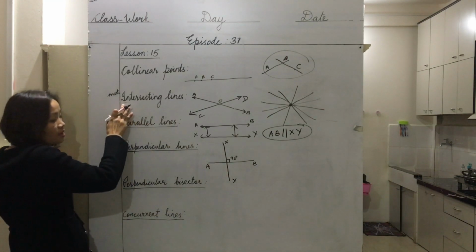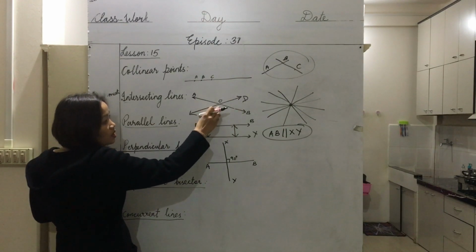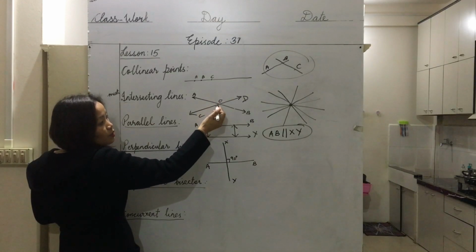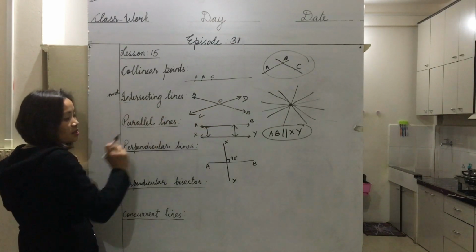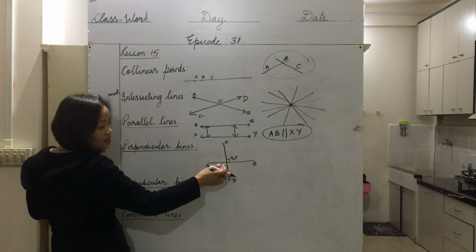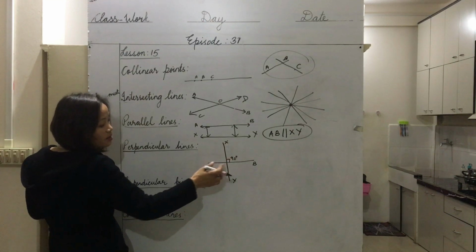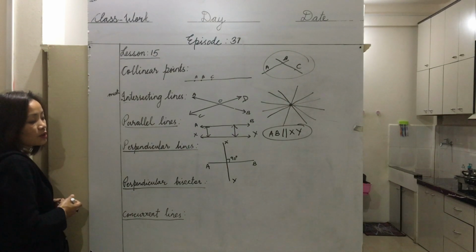Look at intersecting lines. When two lines meet each other at a point, but we do not see 90-degree here, right? If they do not make 90-degree, they are simply intersecting lines. But when the two lines intersect each other, and at the point of intersection they make 90-degree, the two lines are called perpendicular lines, and they are perpendicular to each other.